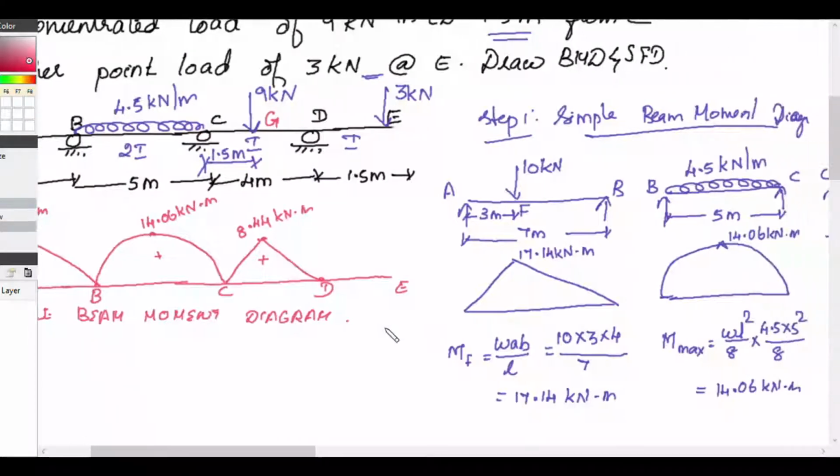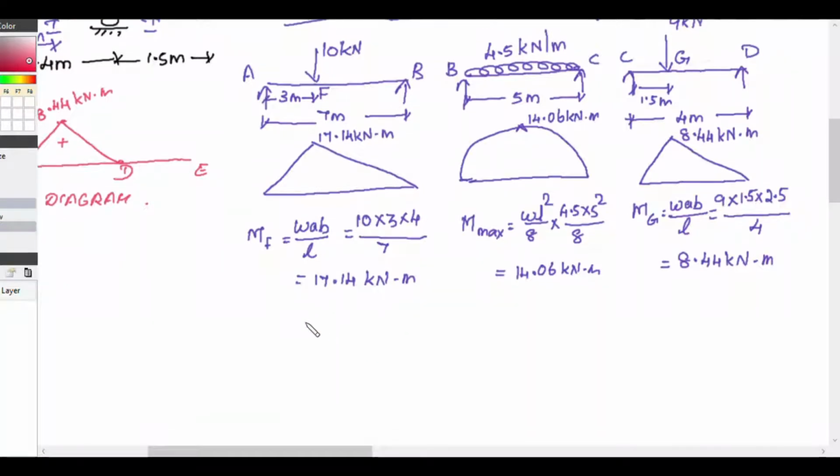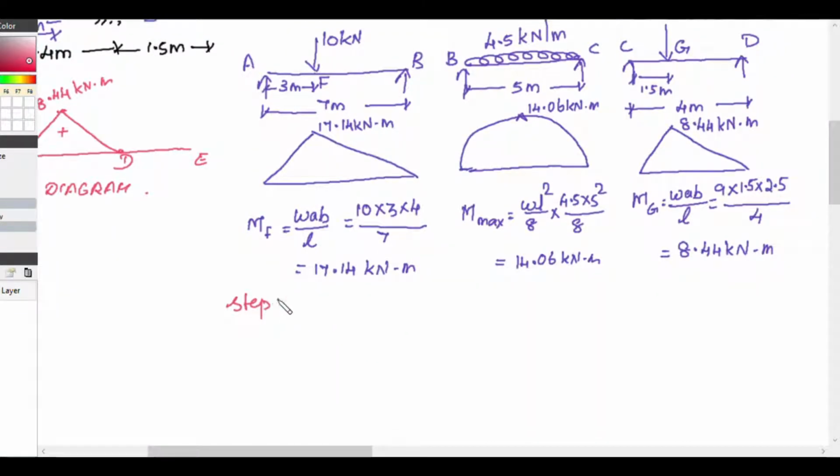Now our step 2 is we will find what is A into X bar. So that will be our step 2. We will find what is area into X bar. So for the span AB, our area into X bar will be equal to, we have to consider from A and from B also.